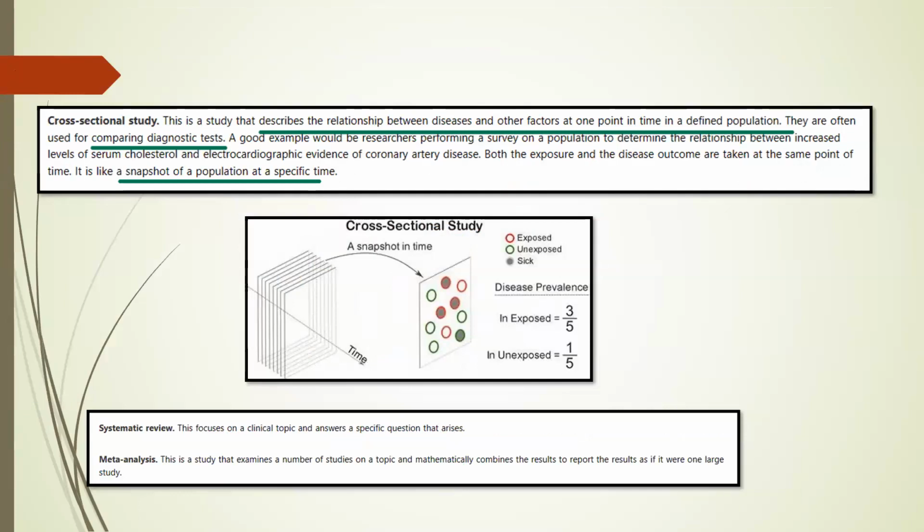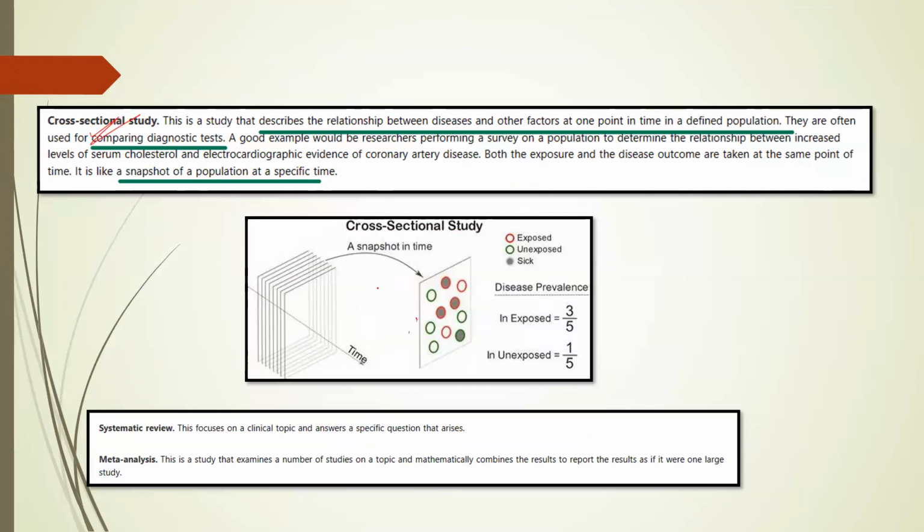Now cross-sectional study is actually a simple one. In a cross-sectional study, you're basically taking a cross-section or a small sample of the whole population so that the results can be generalized. This is used basically to compare diagnostic tests.